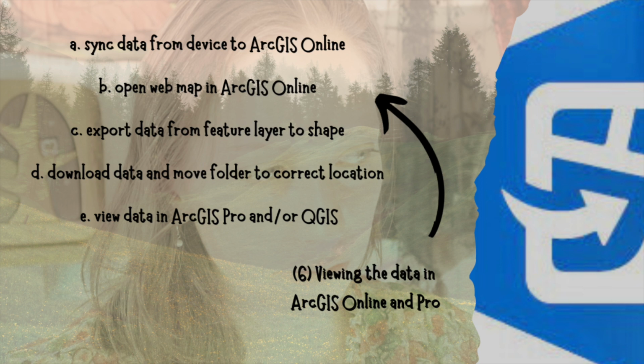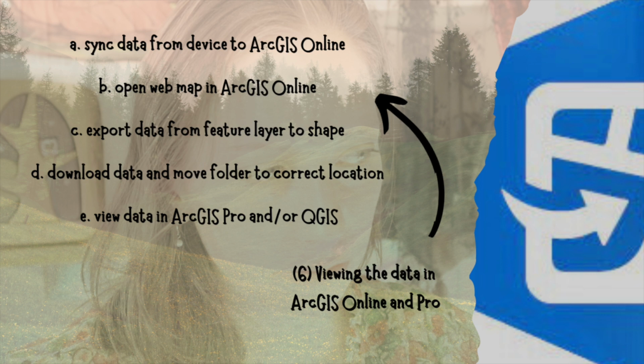Now I'm back after the fieldwork, ready for step 6, viewing the data in ArcGIS Online and ArcGIS Pro. And now we have arrived at step 6, the final step, and the easiest step of all. First, we will sync the data from our device to ArcGIS Online.